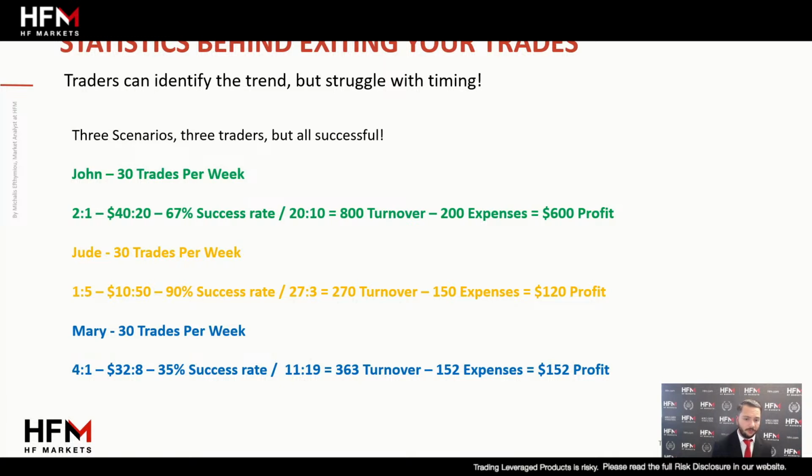So, for example, my reward target is 10 pips. My risk target is 5 pips, which is basically a 2-to-1 reward to risk ratio. There is a calculator that works out the pip value on our website and also on the MT5. So it's very easy to work out. Also, you can speak to your account manager. They can show this to you as well, of course.